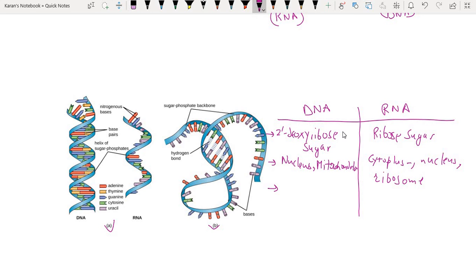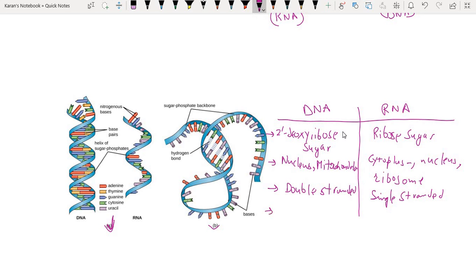Now the third difference is that DNA is generally double stranded. You can see in the left diagram, A part, it is a double stranded structure, and in case of RNA it is generally single stranded. Moreover, RNA is actually a short chain of nucleotides.